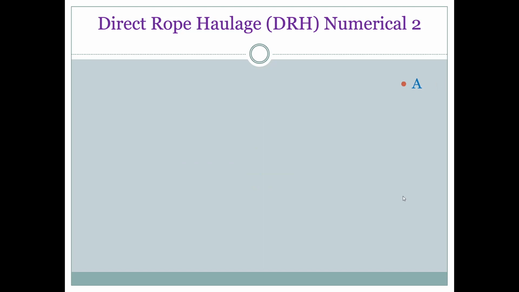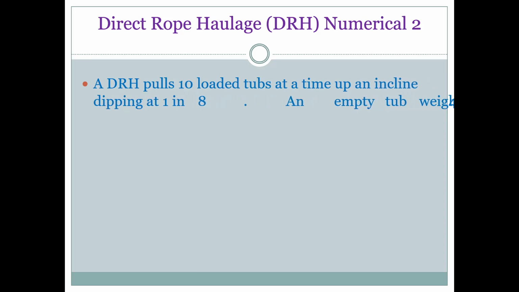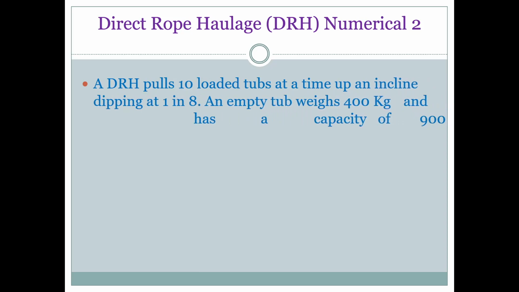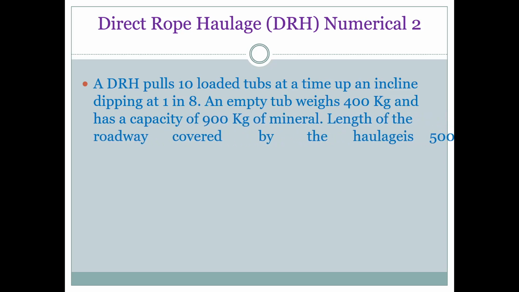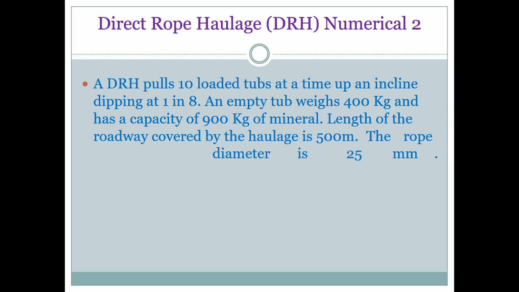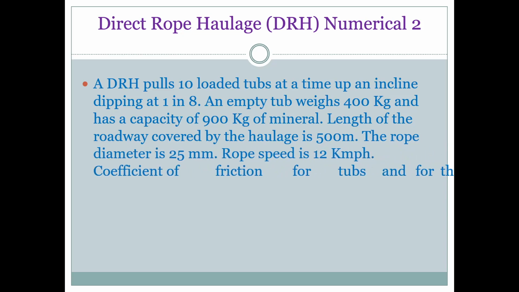So the numerical reads as: a direct rope haulage pulls 10 loaded tubs at a time up an incline dipping at 1 in 8. An empty tub weighs 400 kgs and has a capacity of 900 kgs of mineral. Length of the roadway covered by the haulage is 500 meters.